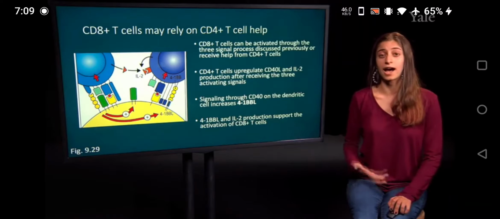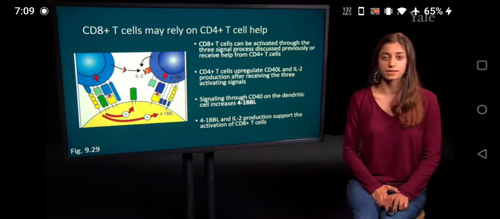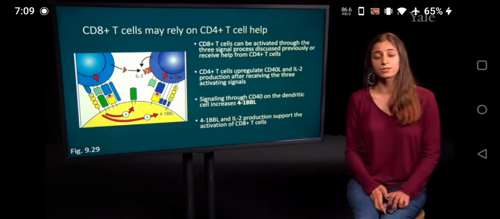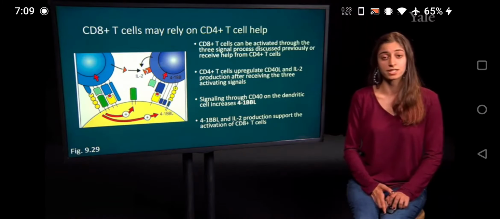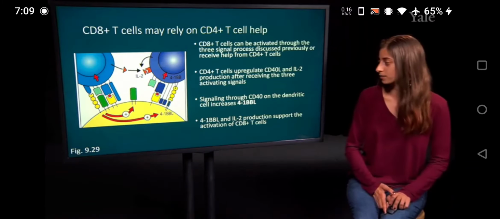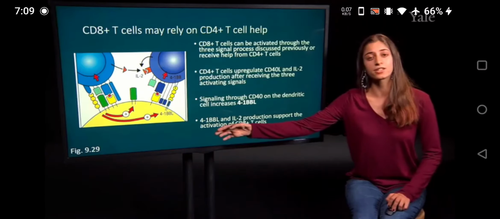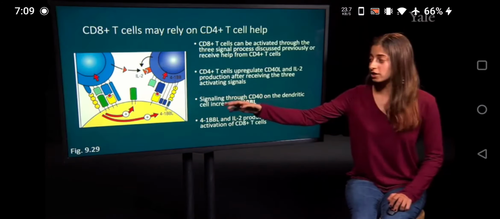IL-2 is an important cytokine we'll discuss in later lectures, but for now, what you need to know is that IL-2 is incredibly important for driving the proliferation of T cells after they've become activated. So, when CD4 positive T cells interact with the APC, they can upregulate IL-2 expression as well as 4-1BB and CD40.